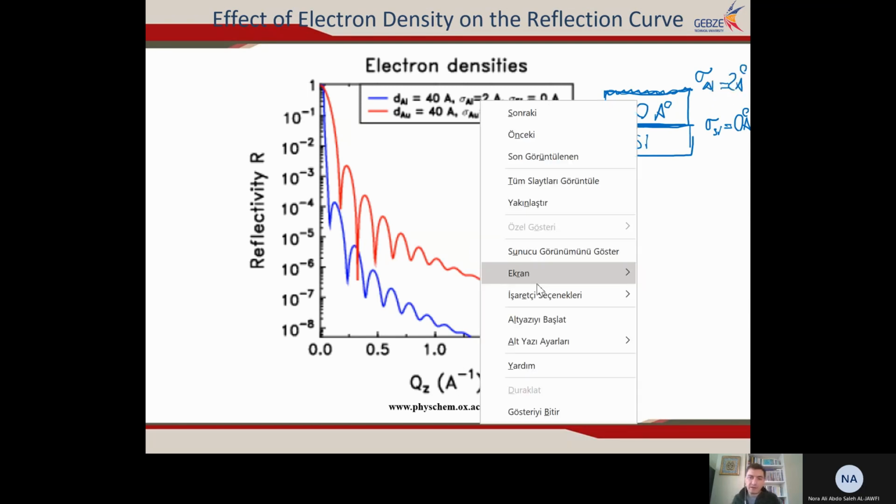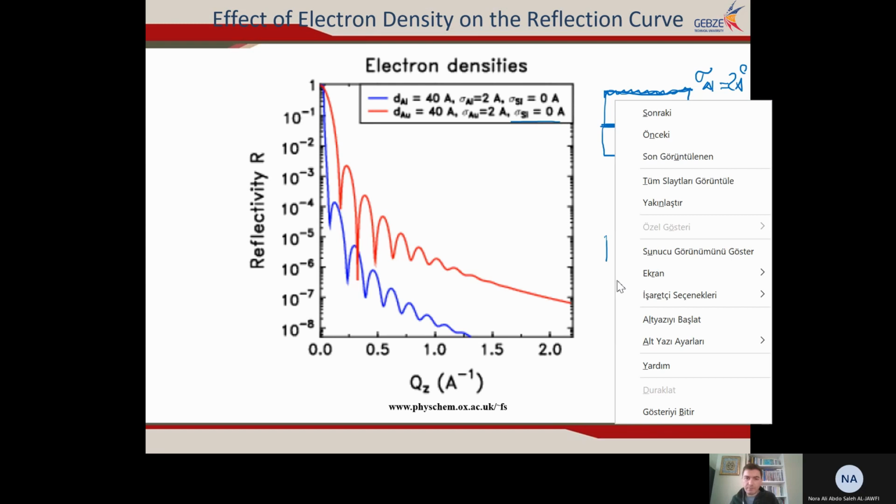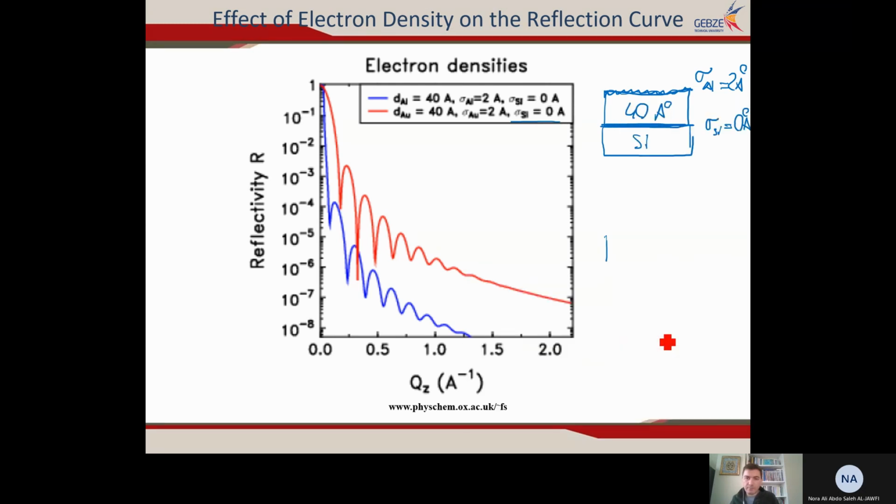Okay, then let's have a look at the red one. This is also grown on silicium. We have a silicium substrate, and on top of it, we have gold. What about the thickness? The thickness is the same, 40 angstrom.